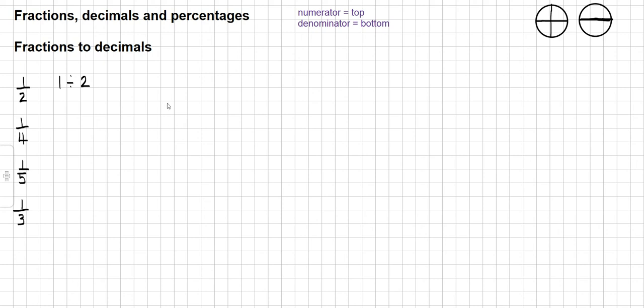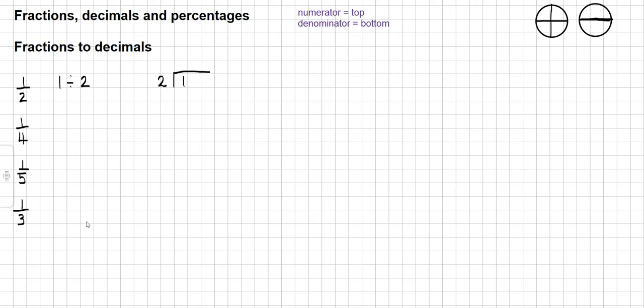And the method that we've been using is the bus stop method. There's other names for it, which is like that. And we put the number that we're starting with inside and the number that we're dividing by on the outside.